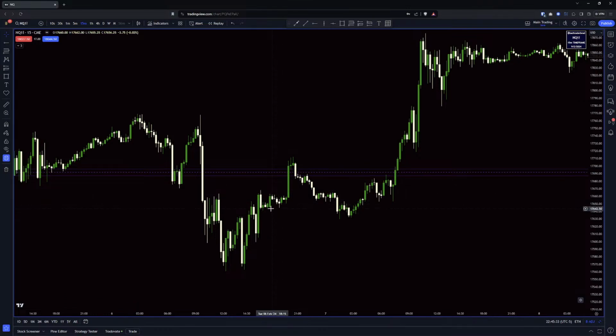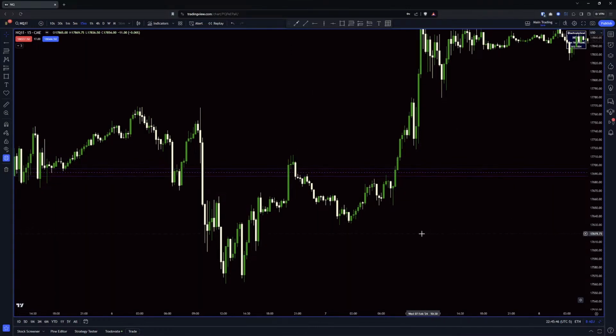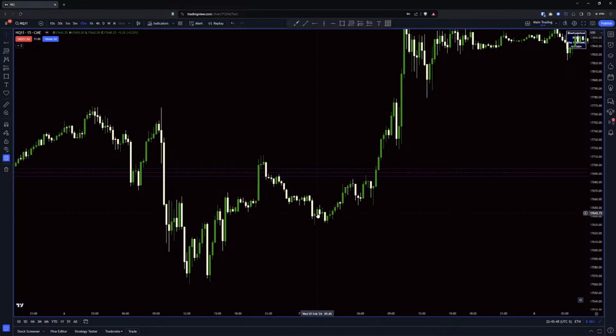So here's the open. And I think this was a continuation of the retrace from that move on Tuesday. And then we go into the consolidation, aka accumulation phase here until what?